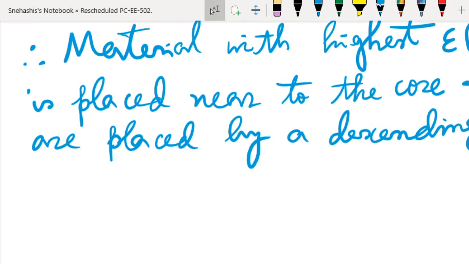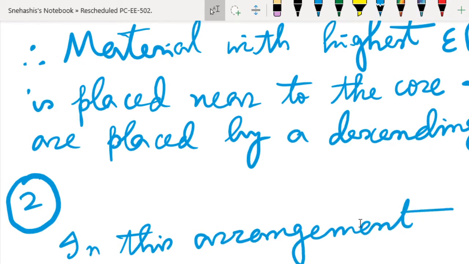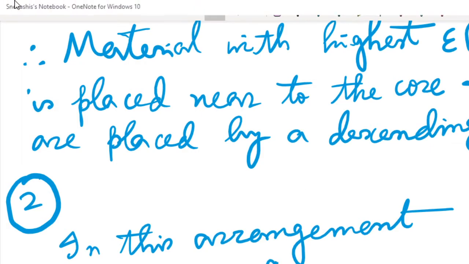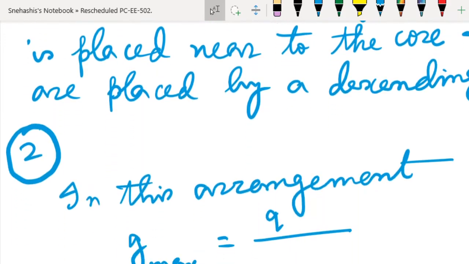Okay, now let's come to the possibility number 2. Second possibility. It states about when all the materials are subjected to the same maximum stress. So in this arrangement, Gmax is the same. Gmax equal to Q by, again we will be considering the same layers. You can refer to the same diagram, but the scenario is changed.